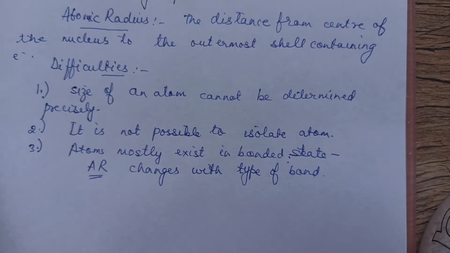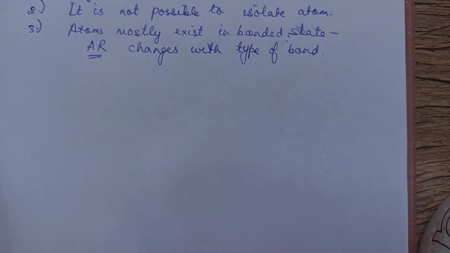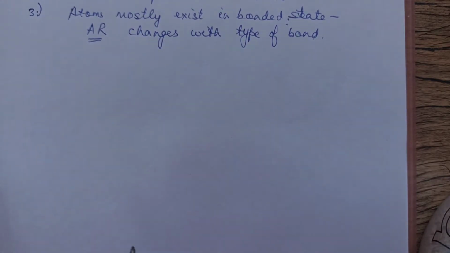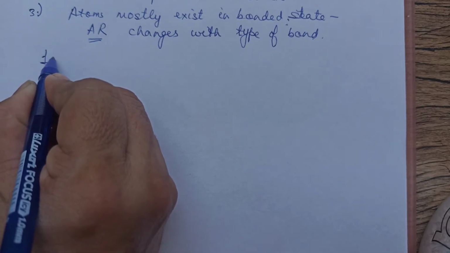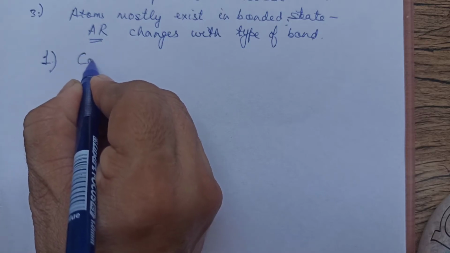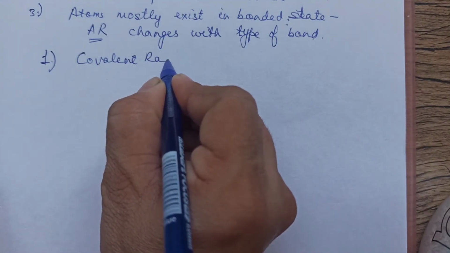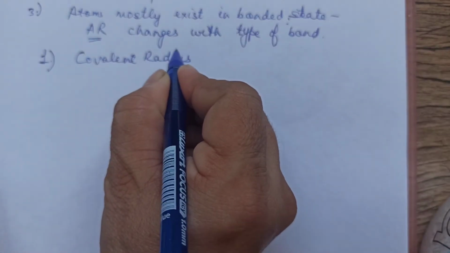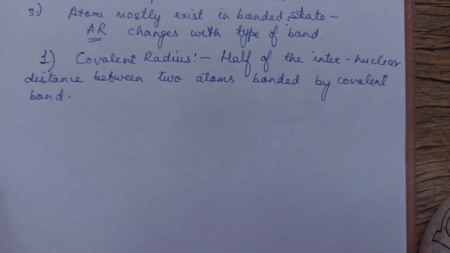Now, first let us see what types of radius are possible, based upon how many types of bonds there are. This is the next side heading you can write: the types of atomic radius. The first type of atomic radius we are considering is covalent radius. Let us write what covalent radius is.